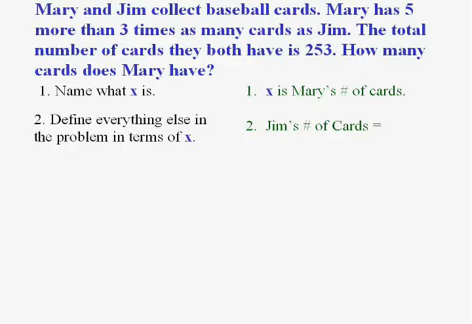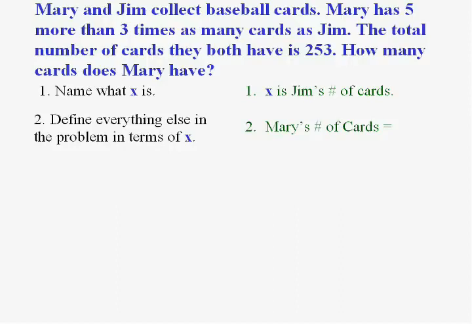So it looks like, and this happens sometimes, I'm going to have to back up and let x be Jim's cards and define, in step 2, Mary's cards. So sometimes, if you get confused, back up and let x be the other person or the other thing.